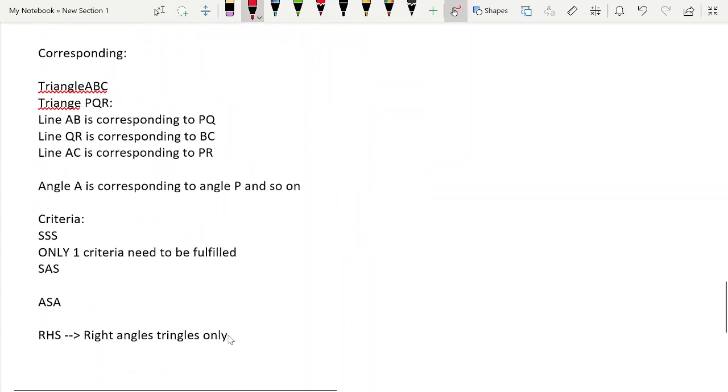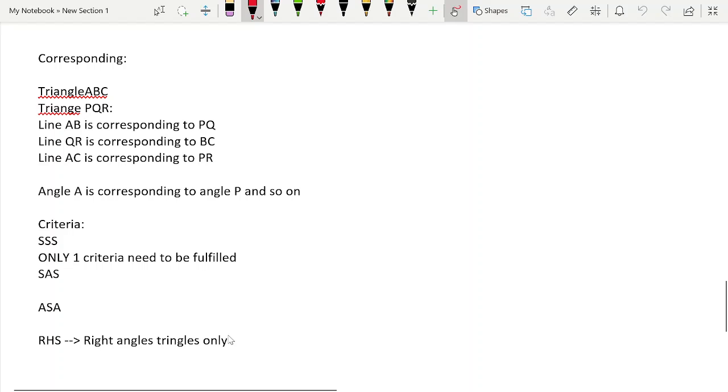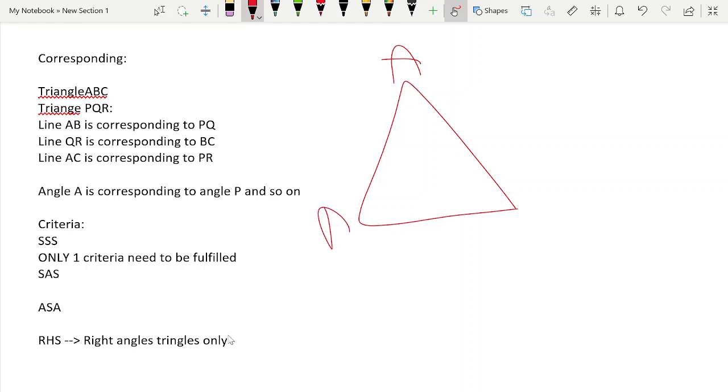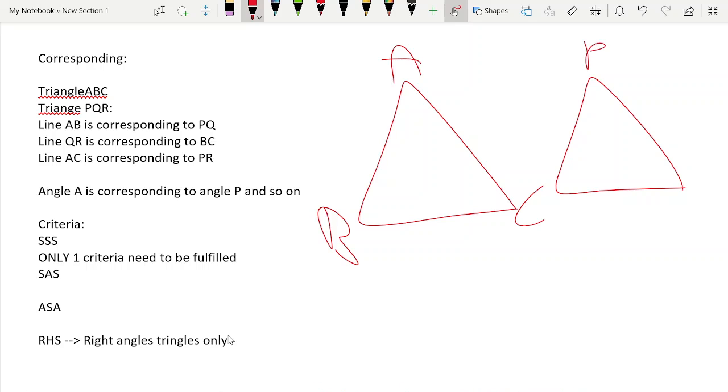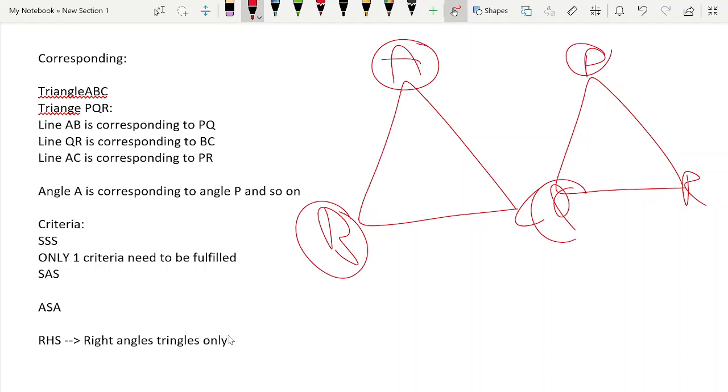Then we're going to learn about corresponding. If you have a triangle ABC and a triangle PQR, then the line AB corresponds to PQ. When you're talking about ABC and PQR, line AB is going to talk about line PQ, which is going to be this line.